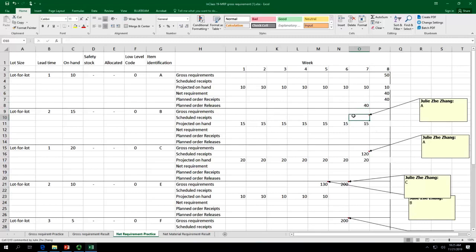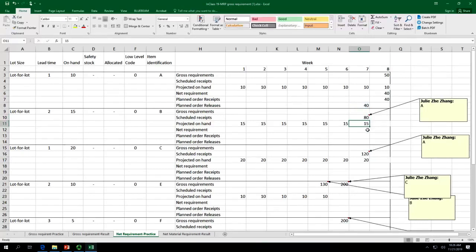And for B, it is a requirement, but we have something in hand, 15. How many should be produced? If we need to produce 40 of A, now we need 80, right? Equals 40 times 2.